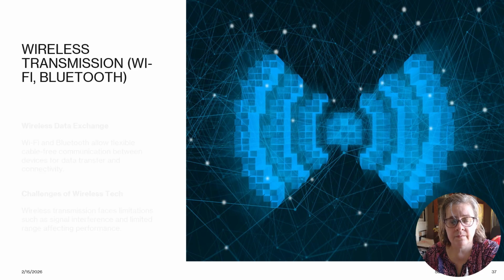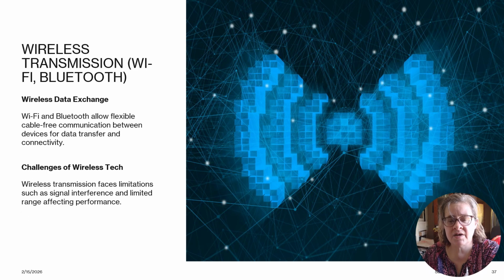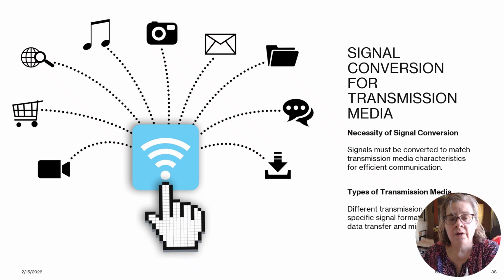Wireless technologies enable flexible, cable-free data exchange, although they face challenges like interference and range limitations. Signals often require conversion to match the characteristics of the transmission medium, ensuring effective communication. So that could be for Ethernet or fibre or wireless or whatever.